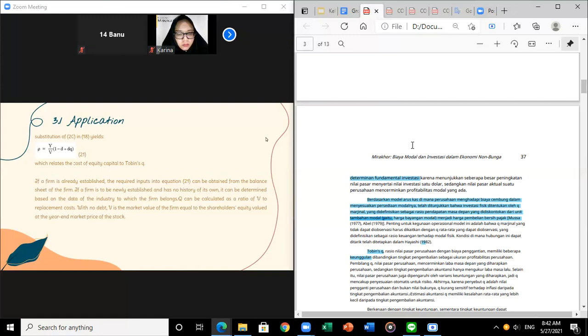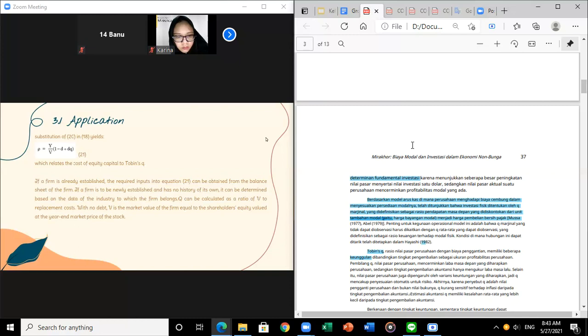We will get rho equal to Y divided by V, (1 minus D plus DQ), which relates the cost of equity capital to Tobin's Q. The equation number 21 is the final result, which we will use to calculate the cost of equity capital from Tobin's Q.